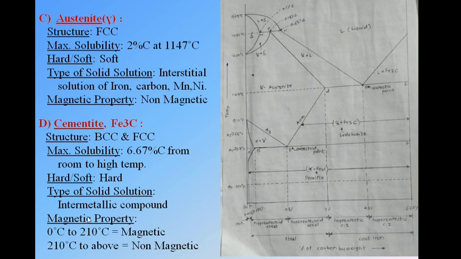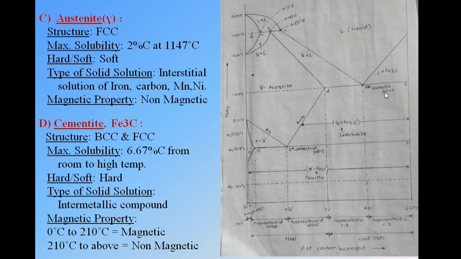Okay, then magnetic property. Cementite will have a different Curie point. This 768 is for the whole structure, and for cementite we have a separate Curie point. This 210 degrees Celsius is the Curie point for cementite. From 0 up to this line, cementite will be in the magnetic state.